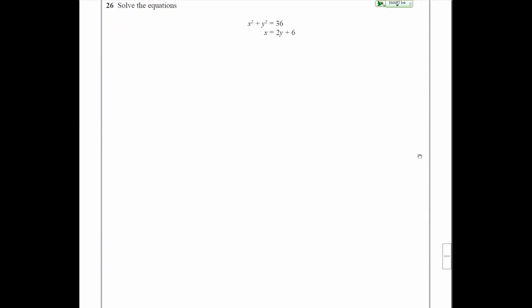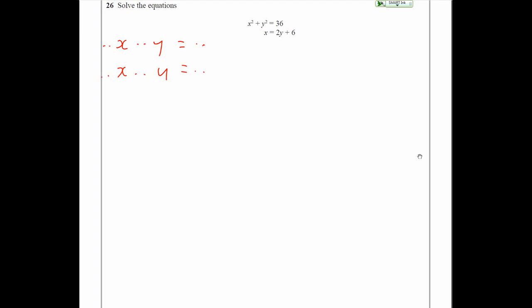Question 26, a bit of algebra. It's a simultaneous equations question, but it's not an elimination method. An elimination method is where you have, I don't know, some numbers times x, sometimes y equals something, and you either add or take away to eliminate a letter. This one doesn't work.